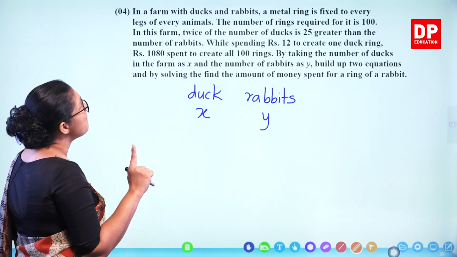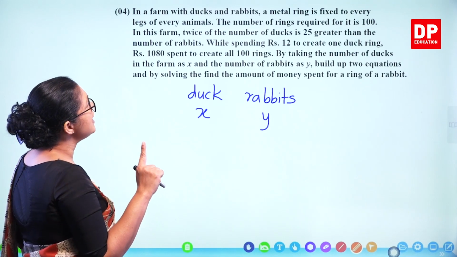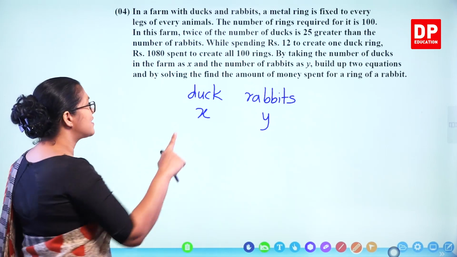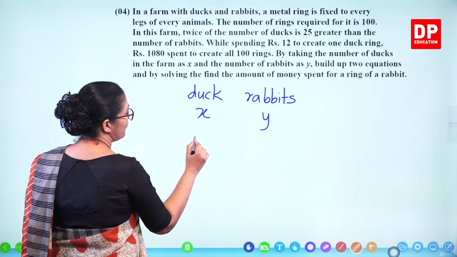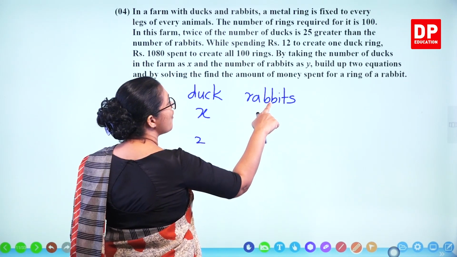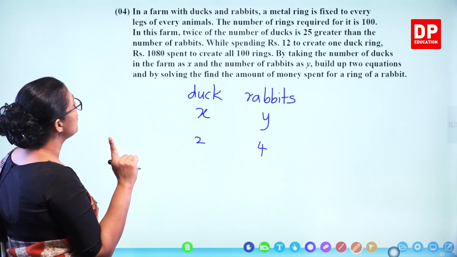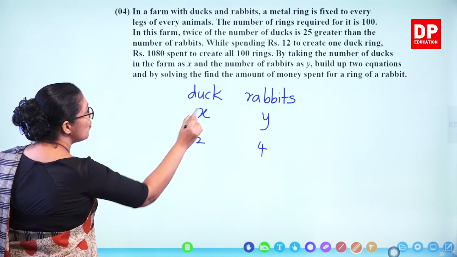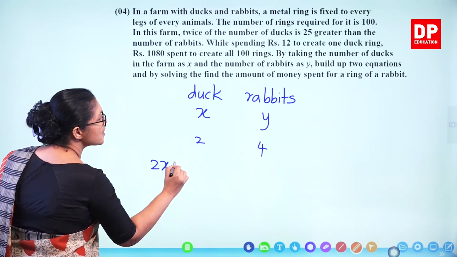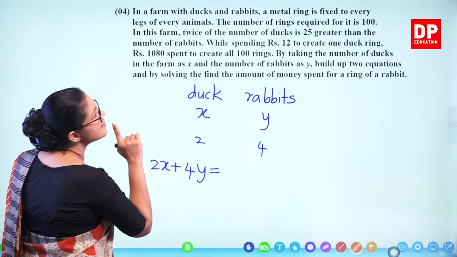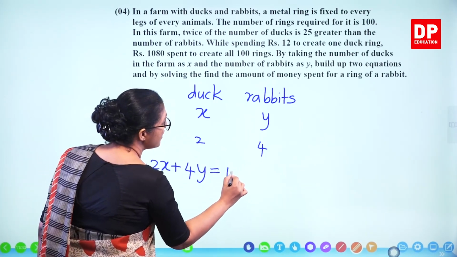It says the number of rings required for it is 100. So how many legs for a duck? 2. How many legs for a rabbit? That's 4. So you can create an equation for that. 2x plus 4y, that's the total number of legs. That's equal to total number of rings required.